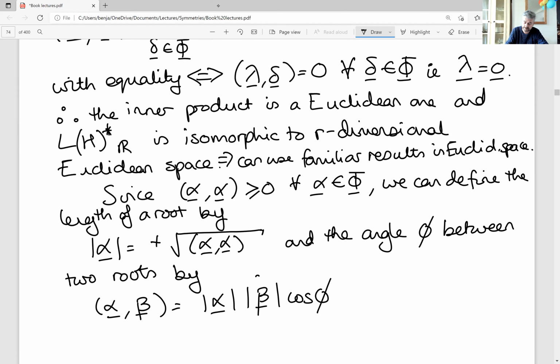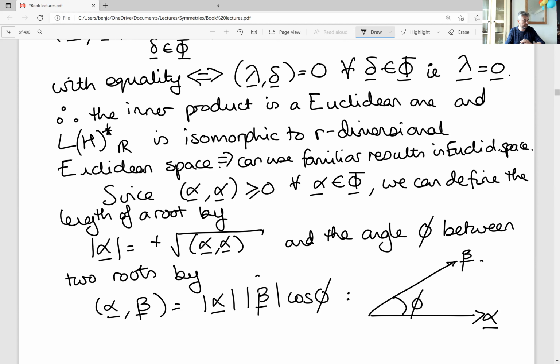And of course, our picture, which is well familiar to you since school, at least, is that we have this angle between alpha and beta. Okay, good.